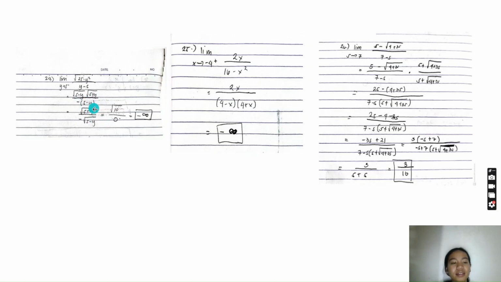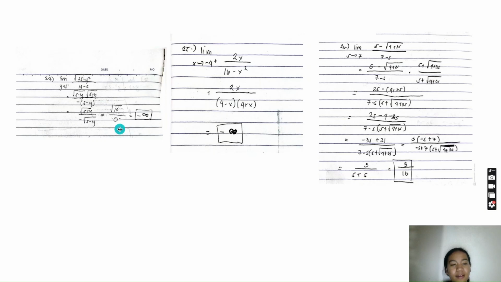And then after that, substituting 5, the square root of 5 plus 5, that is the square root of 10 all over 0. So in this case, when 0 is the denominator, then the answer must be infinity.